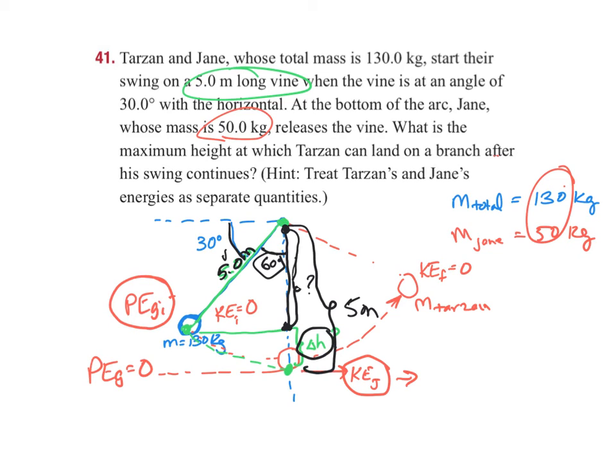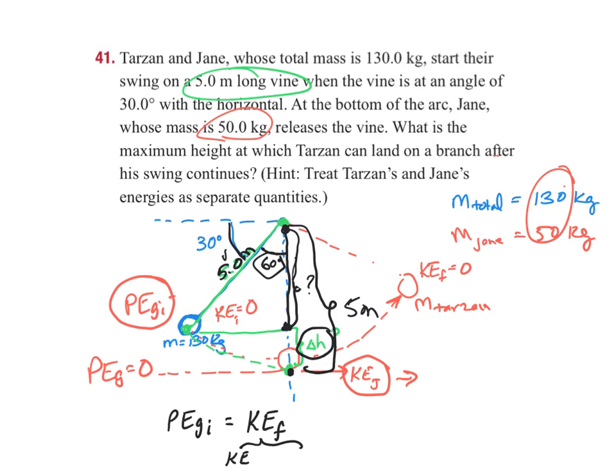Once you know the delta H, I know I've got PEG at the beginning, and then I've got KE final. This is a two-part problem. So I've got kinetic energy final right here. So I've got Jane, who is going to shoot off to the side right here, and she's going to have some of that kinetic energy. And Tarzan's going to have some also.